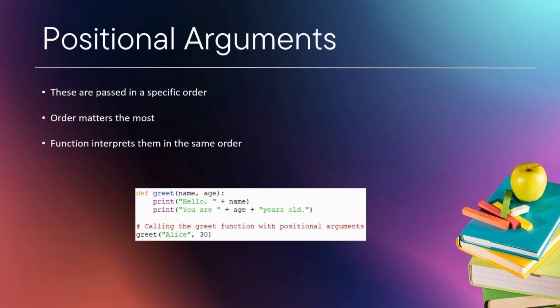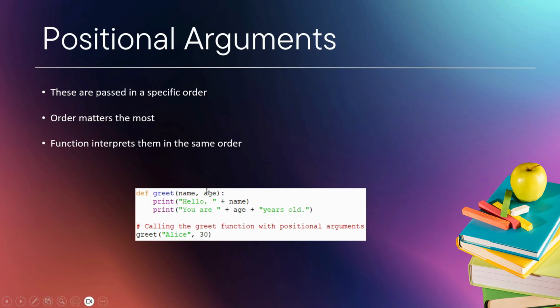So first example is the positional arguments. Positional arguments are passed in a specific order. So here let's understand the difference between two keywords, parameter and argument. In the previous lecture, I talked about this difference for just a moment, but now let's see it visually.